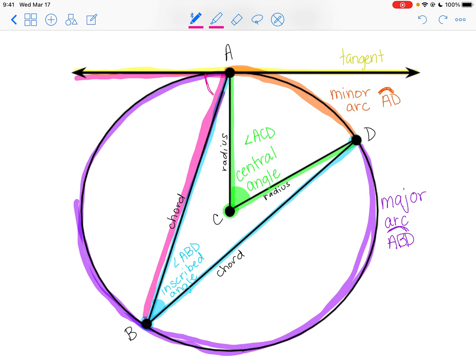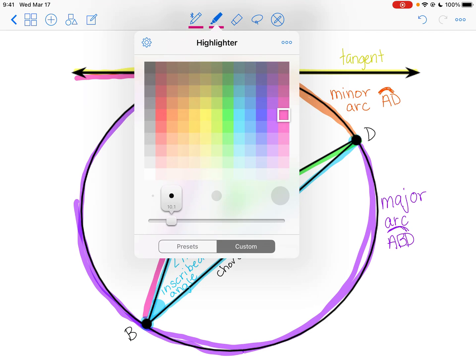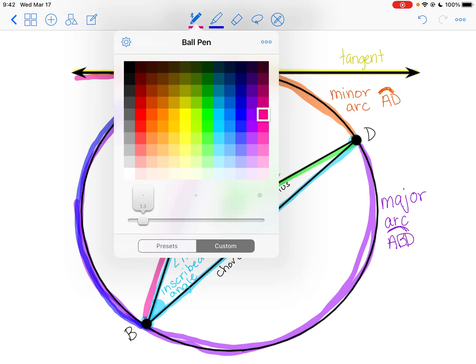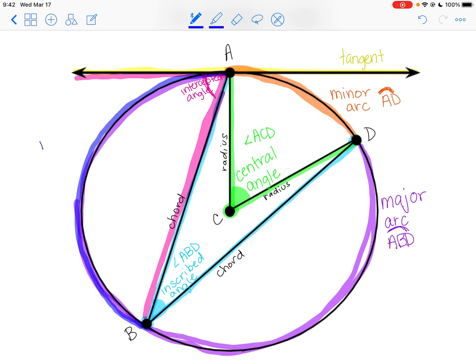So this angle that goes from the tangent line down to the chord is an intercepted angle. There's also a chord created there that goes from point A to the other endpoint of that chord, B, and so the arc created there is called the intercepted arc.